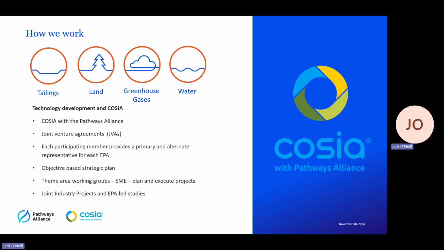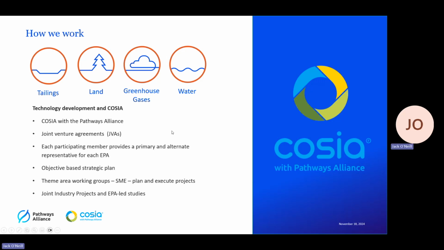Those are called JIPs. And then we have EPA-led studies that are managed from the EPA perspective, under the signature of Pathways Inc. Contracts are executed and then managed through the employees of Pathways and COSIA to the benefit of the members.